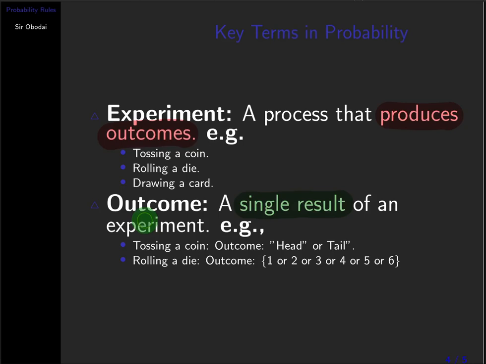If you get a head, then that becomes the outcome at that particular time. If you get a tail, it is the outcome at that particular time. If it is a die you are rolling, then on your first try, what do you get? If it is 1, then that becomes your outcome on your first trial. If it is 2 or any other number till 6, that becomes your outcome on that particular trial. I hope that is clear.